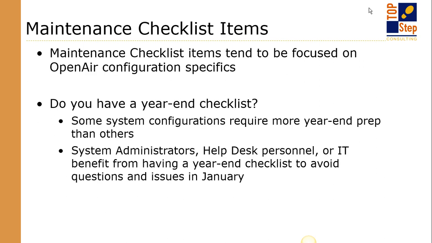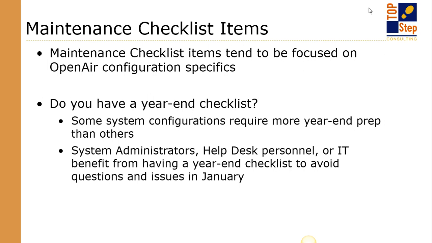So one thing we always recommend with our customers is, at the end of each month-end close, a checklist to go through all the different items. It's no different for year-end. Because there's so much time between one year-end and another, it's really easy to forget what items need to be reviewed to make sure that everything is ready to go for the new year.